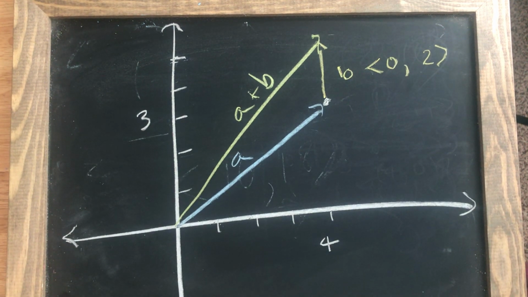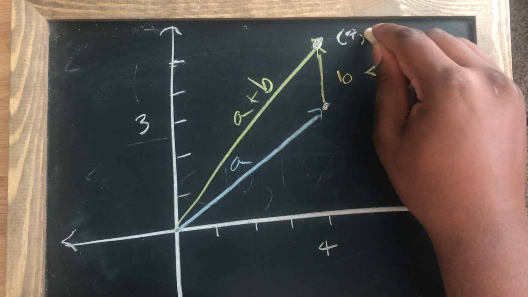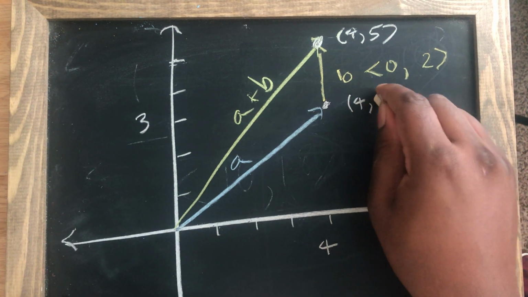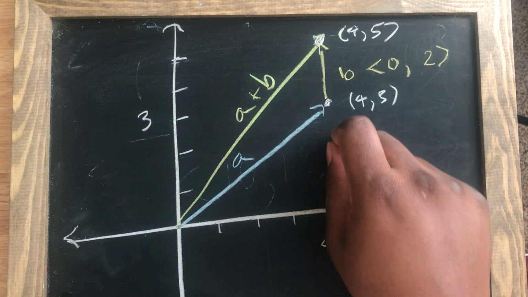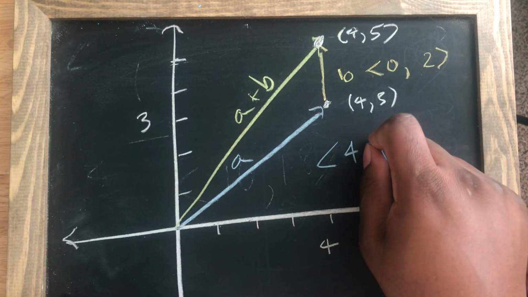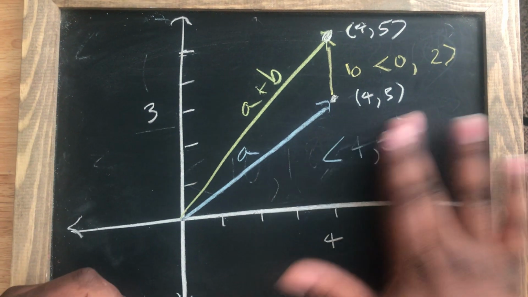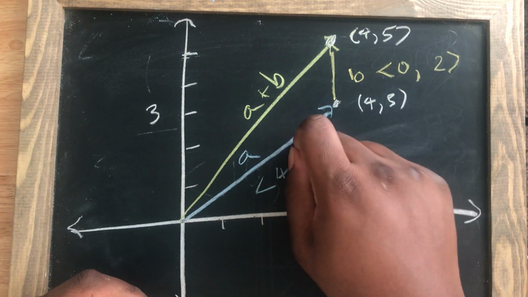Well, let's think about it. What does that mean? Obviously this point is (4, 3), and that point is (4, 5). We know that the resultant vector, since it's in standard position, is (4, 5). But let's look deeper into how we figure that out. Our vector A was (4, 3).